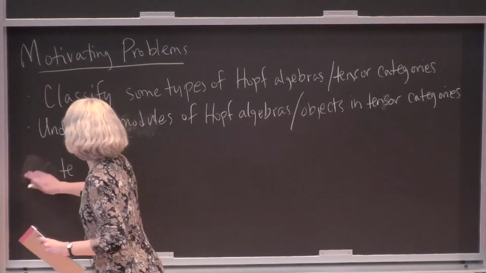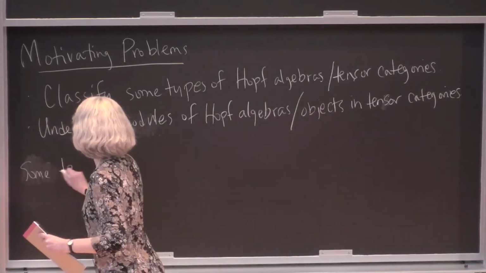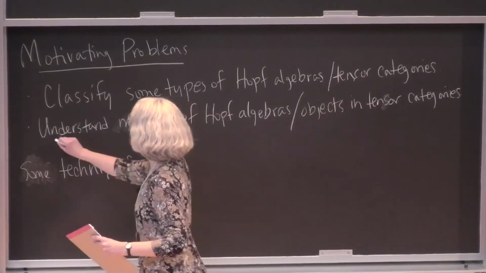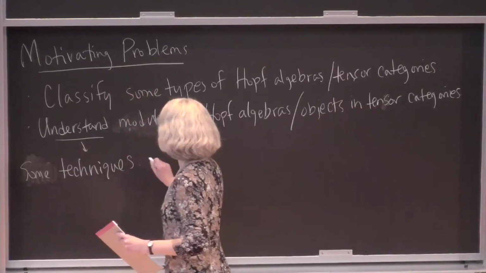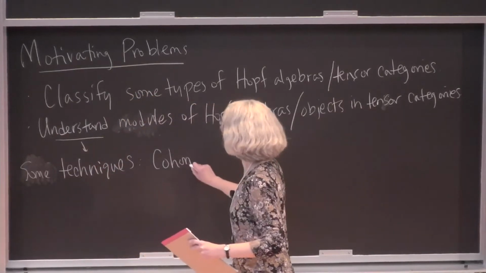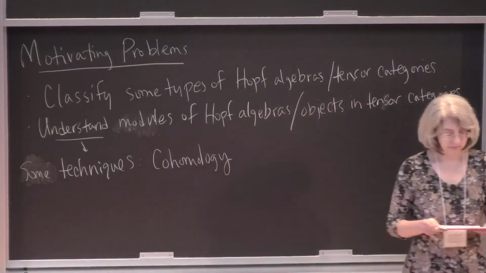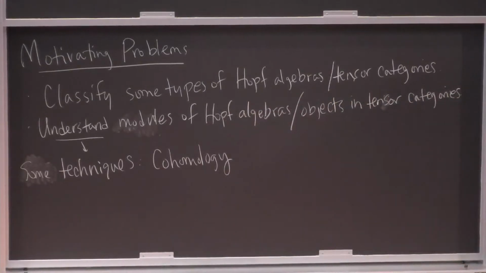Or maybe some techniques for understanding involving cohomology. So let me define Hopf algebra cohomology, and cohomology for tensor categories will be analogous.